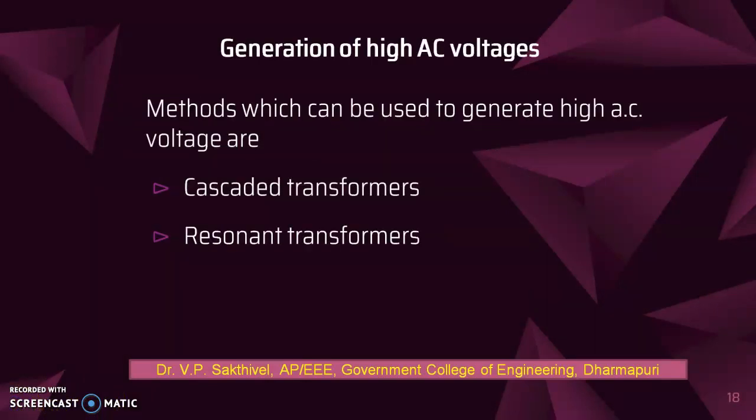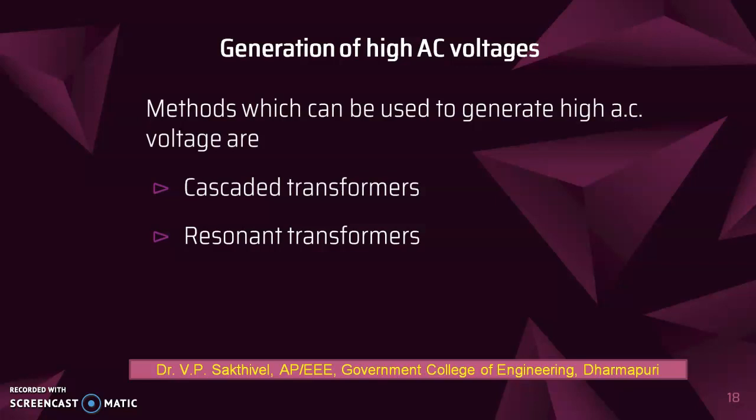High AC voltage generation can be classified into high AC voltage with power frequency, and high AC voltage with high frequencies. A single transformer unit can be used for generation of HVAC for less than 100 kV.